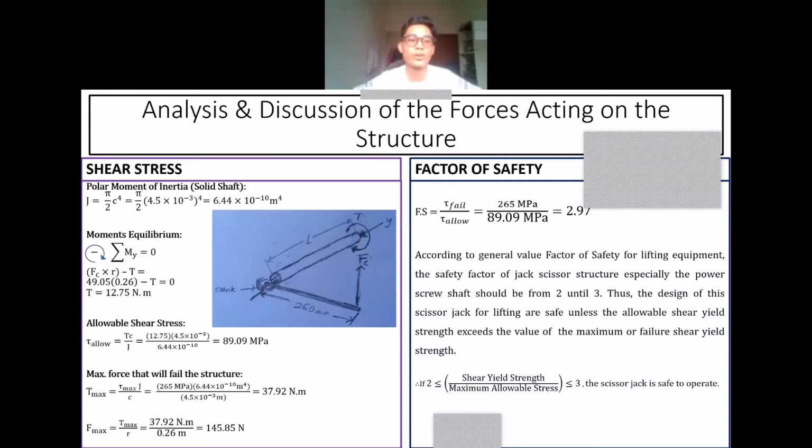And so for moments of equilibrium, as we can see in the picture, the moment of equilibrium for power screw.